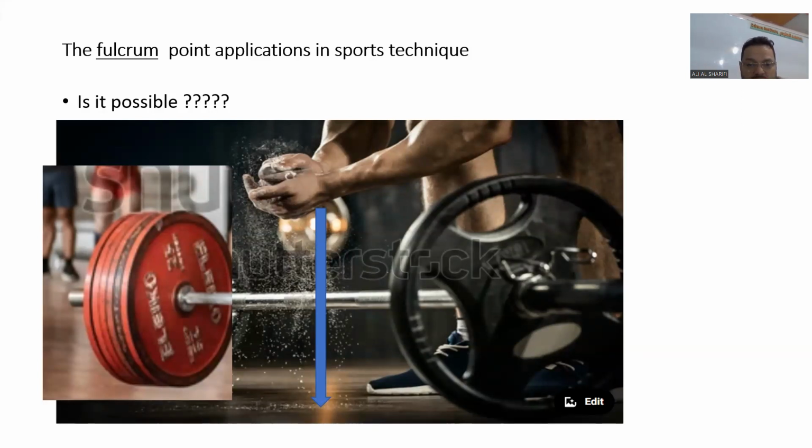I don't think so. The situation, the fulcrum point, let's think about that. Is it possible for this athlete to do this exercise? Can this athlete do this exercise and why?